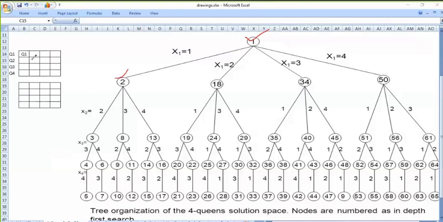If I keep queen 2 over here, then what will happen? q1 and q2 both will be in an attacking position. So I cannot place Q2 over here, which means this 2 to 3 edge I cannot have.